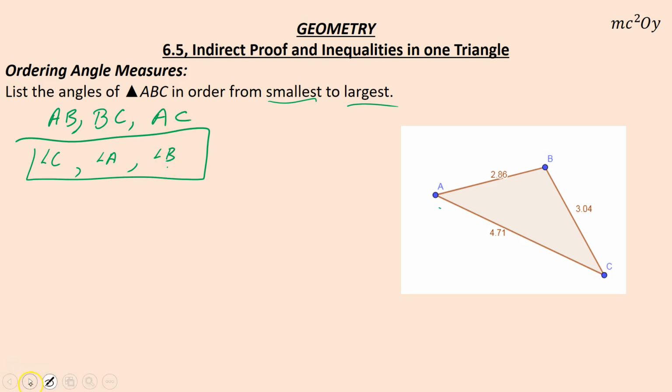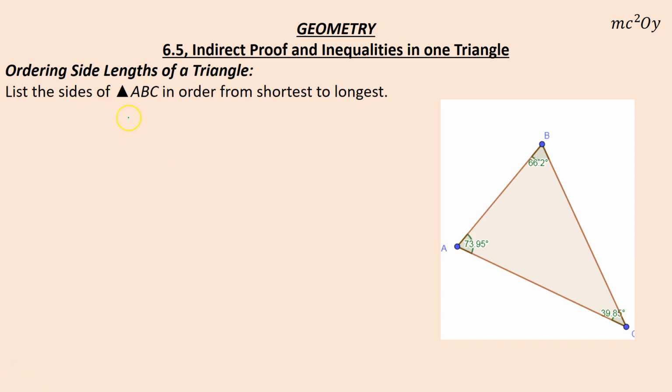You can do the same thing with sides, right? If you're going to list the sides of triangle ABC from shortest to longest, well, look at your angles. The shortest side is always opposite the smallest angle. Okay. Smallest is B, final one is A. Okay, well, I just kind of gave you a quick shortcut.